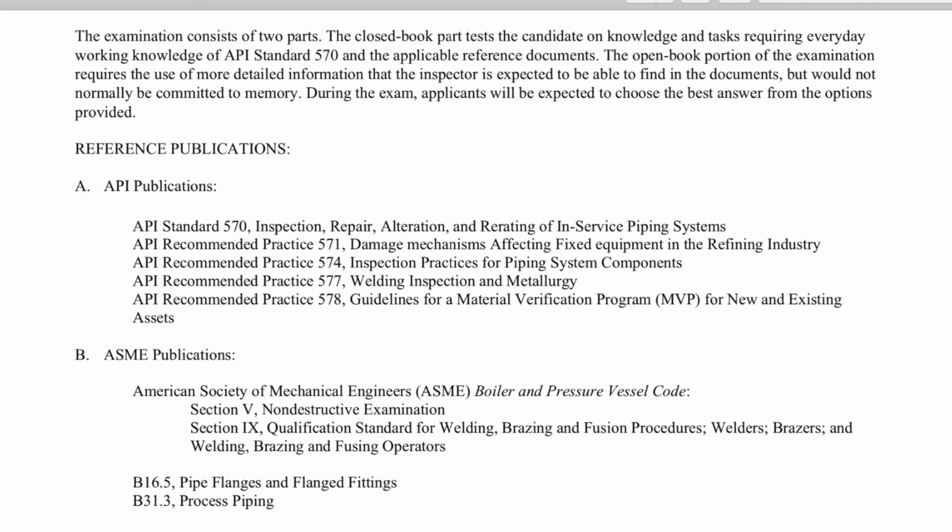Next, the reference publications: API 570, 571, 574, 577 welding, and 578, the material verification program, MVP. And ASME publications, as I mentioned before, Section 5, 9, B16.5 and B31.3 process piping.